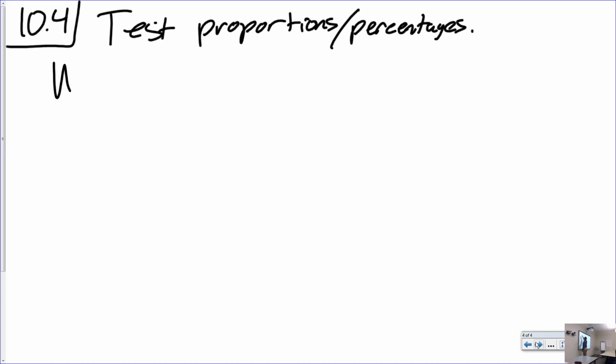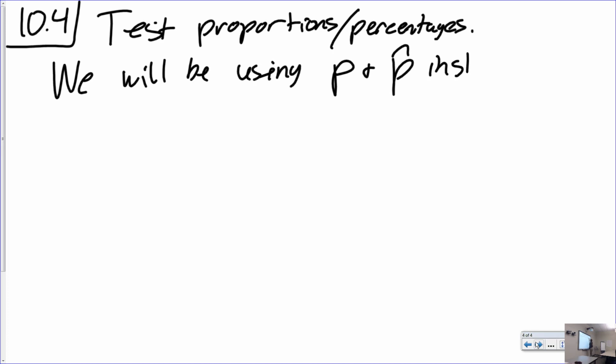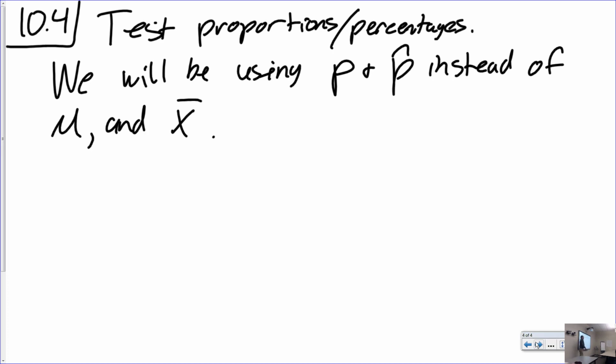We will be using p and p hat instead of mu and x bar. And if you think back to the chapter 8 and chapter 9 things, life is very much similar.